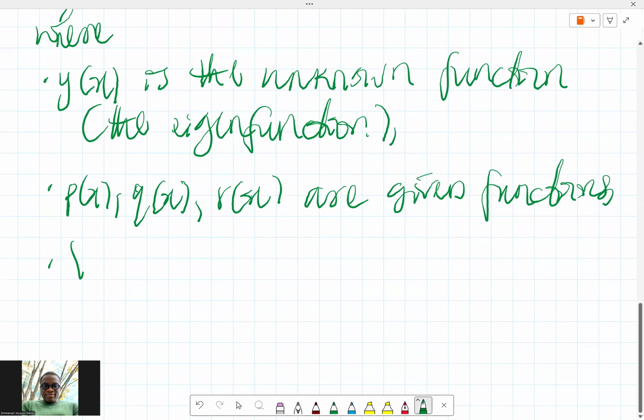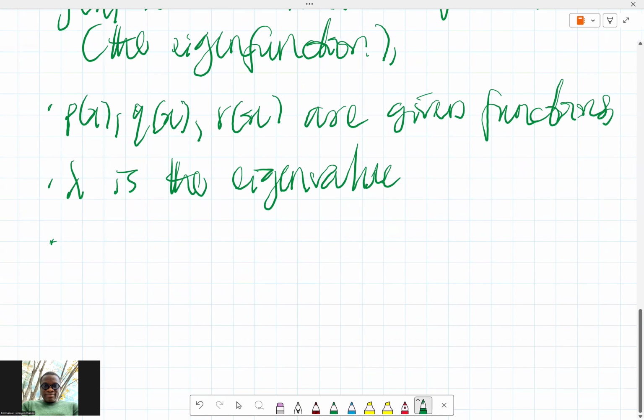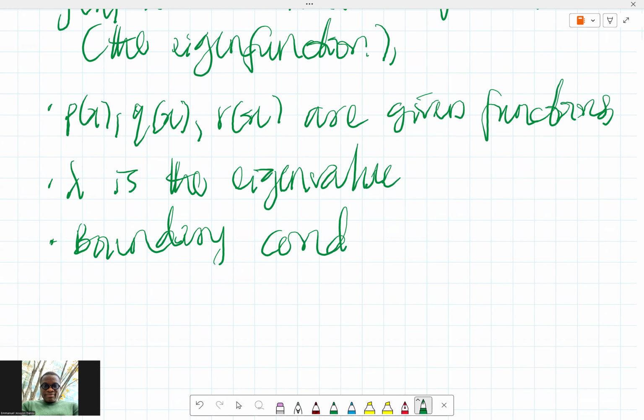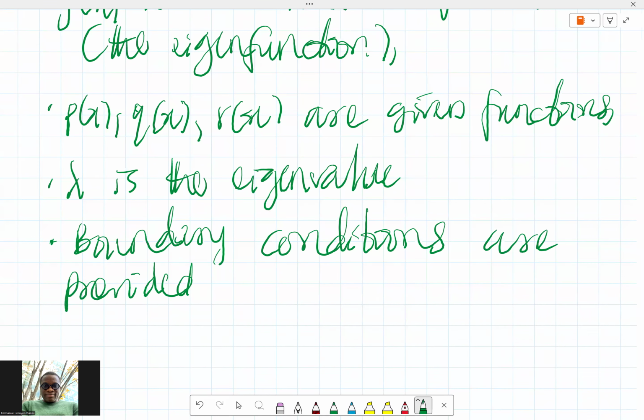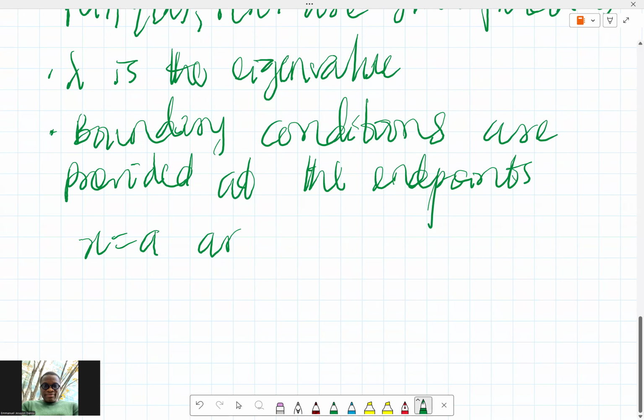Of course, as we always know, lambda is the eigenvalue. Then we have boundary conditions, which are provided at the endpoints, x equals a and x equals b.